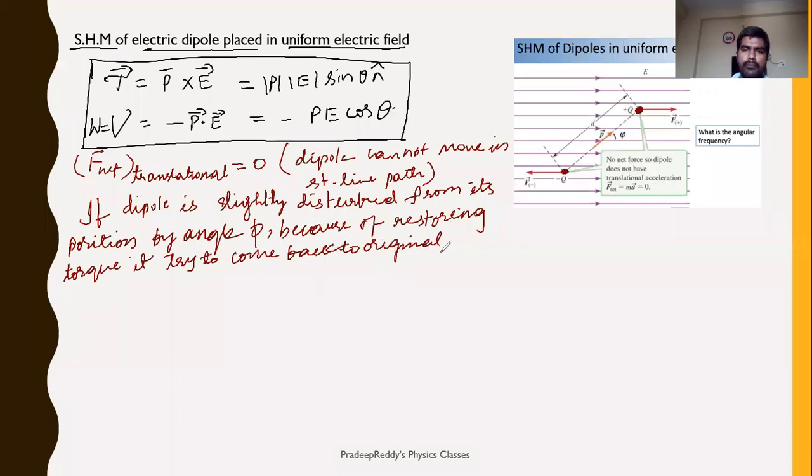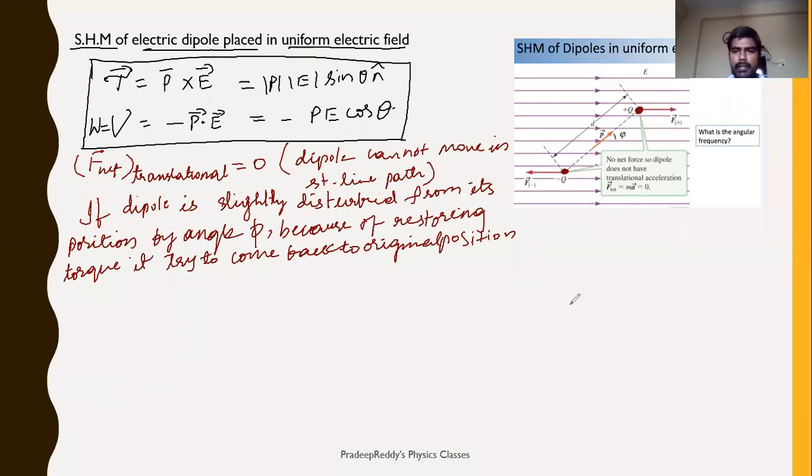This is a very important thing you should understand. Whenever you disturb the dipole from its original position by an angle pi, then because of the restoring electric torque acting on this dipole, it will try to restore to its original position.